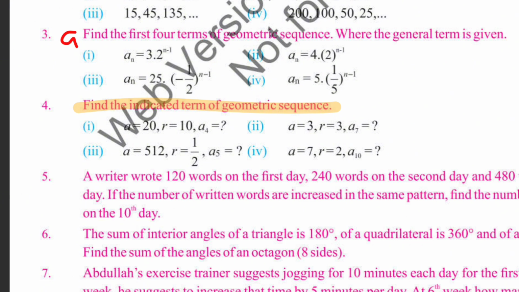The formula is an is equal to a1 r raised to n minus 1, the general geometric sequence formula. This is the formula right here.